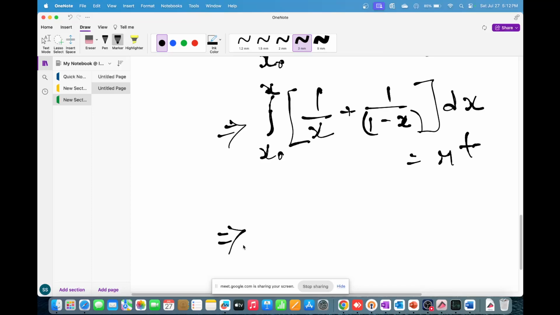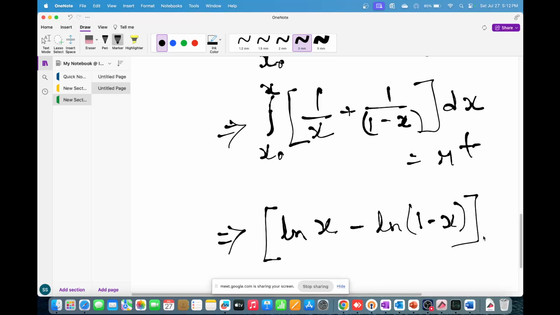So if you do this integration, what happens is log of x minus log of 1 minus x, from x naught to x, equal to rt.